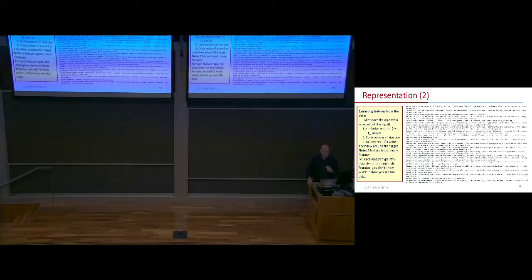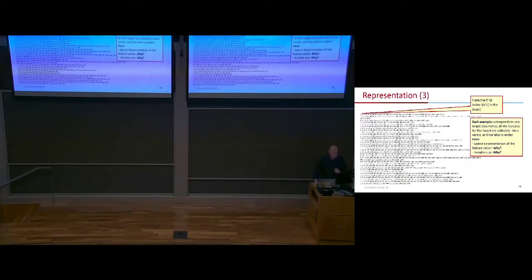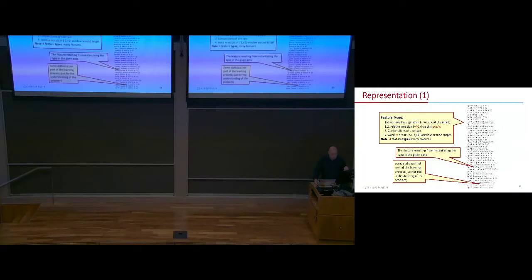So for example, I can say -1W, but is a feature in the first sentence. +1W, the is a feature. And so on. Okay. And then I name the features. I don't want to carry strings like this. I can name them.